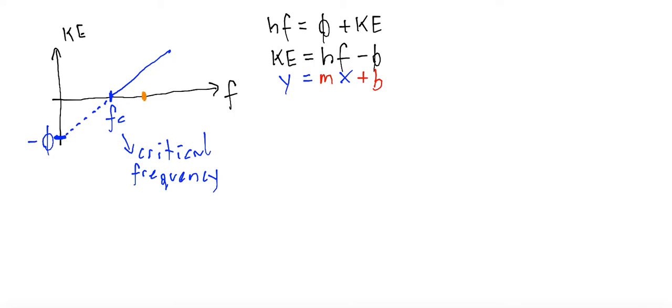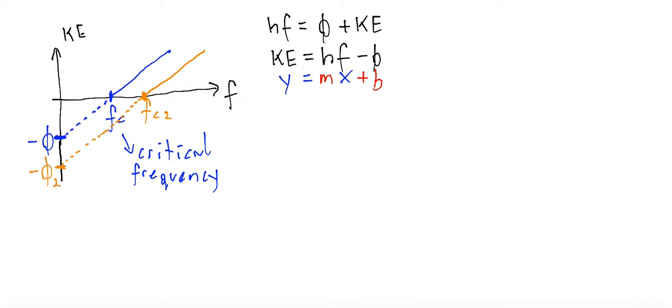So for another work function, we have a line which is parallel to this original blue one, which crosses the axis in a different place, so we have a different work function, and a different work function means that another critical frequency is needed. So let's name this phi2 and fc2.